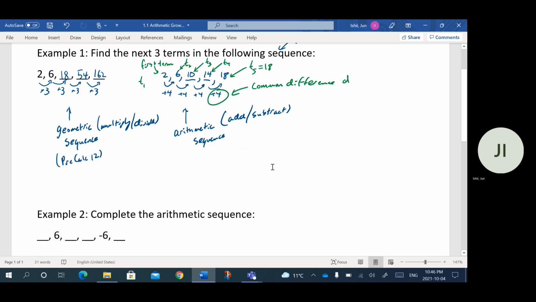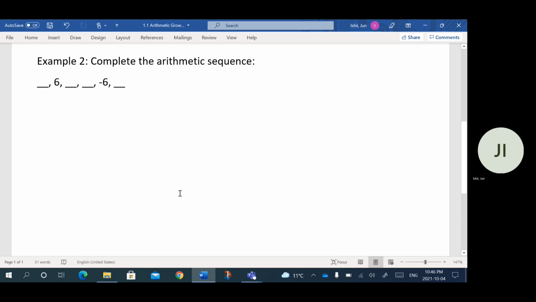Now, complete the arithmetic sequence. We have blanks, so we've got to figure out what numbers would go in the blanks. If the 6 is the second term, the -6 is the fifth term. How would we do this? What we want to realize is that to get from one number to the next, we're adding the common difference.